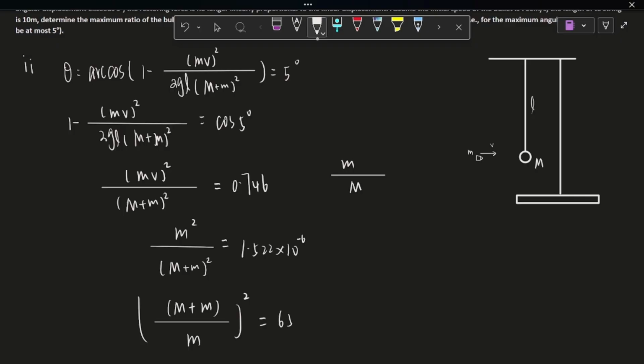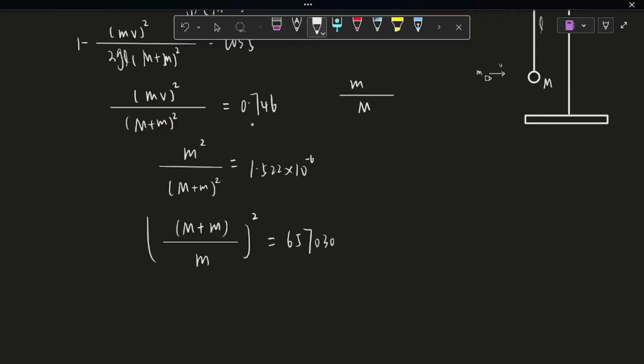is equal to around about 657,030. And (m plus M) over little m, we can write it as 1 plus big M over small m.